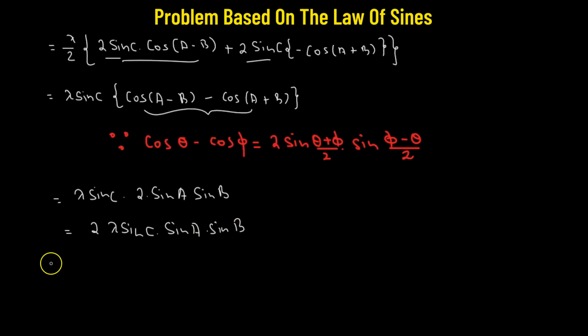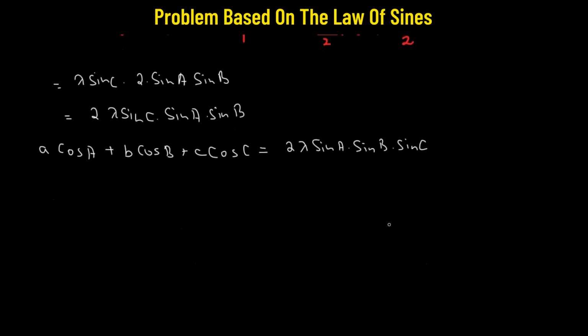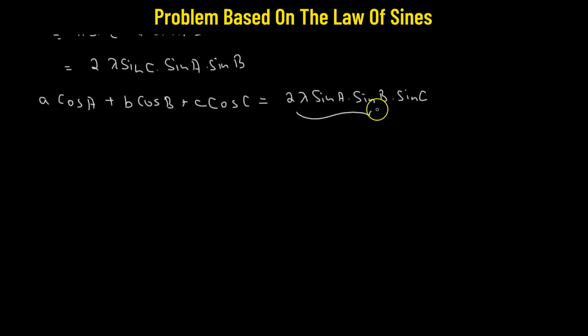Fine. So we're almost done with the proof. We started out with a times cosine a plus b times cosine b plus c times cosine c, and we got that this result is equivalent to 2 lambda sine a times sine b times sine c. So we're not quite there yet with our proof. Now this can be written in 3 different ways. So one way is 2 times lambda multiplied by sine a times sine b times sine c.